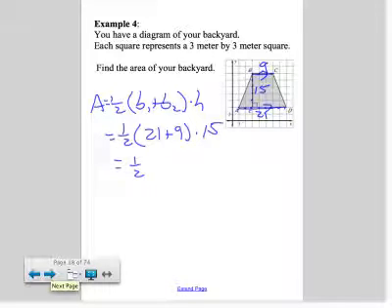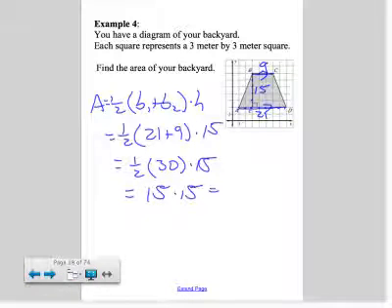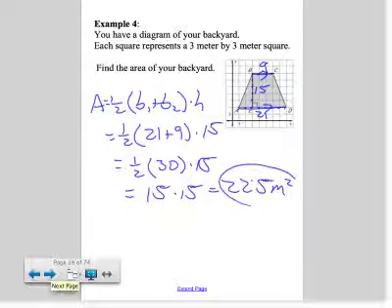So you have 1/2 of 30 times 15. Half of 30 is 15. 15 times 15 is 225. There we go. And again, units, meters squared.